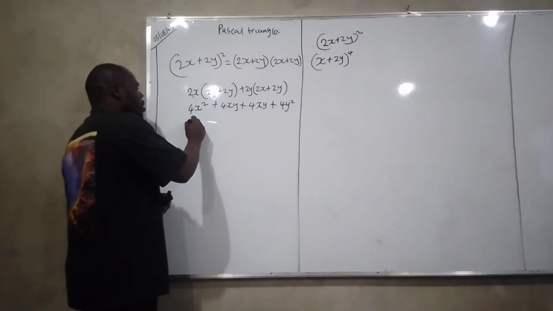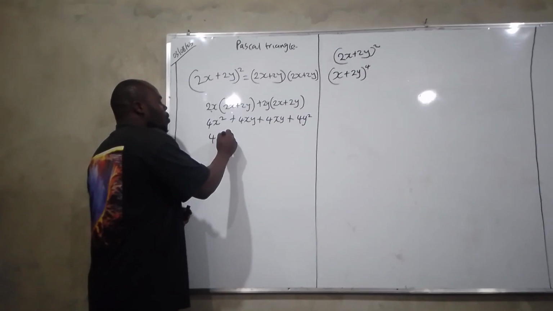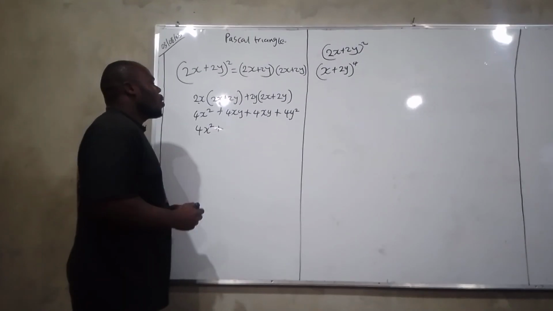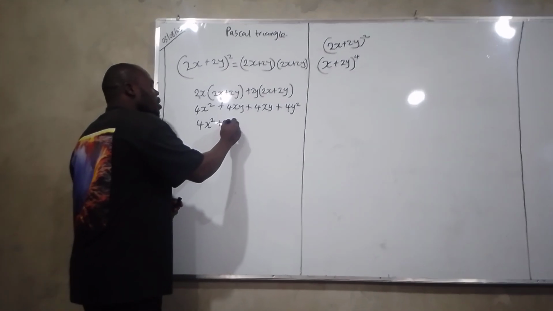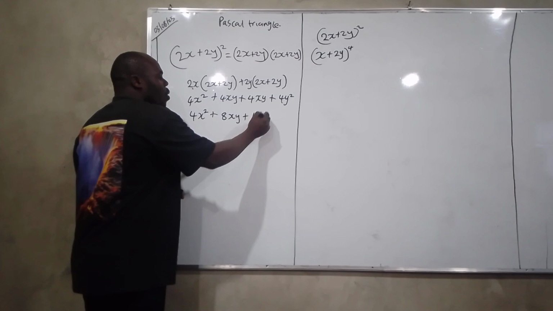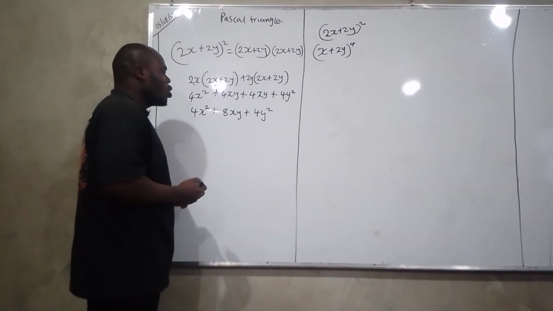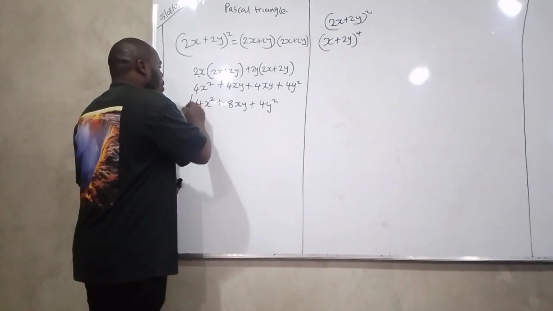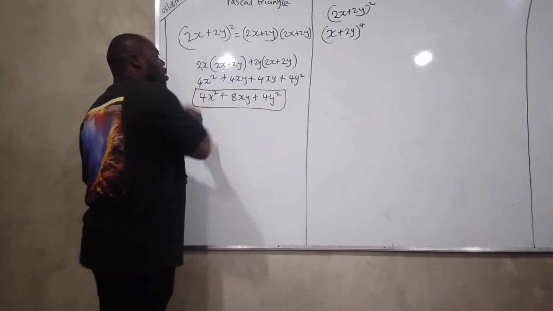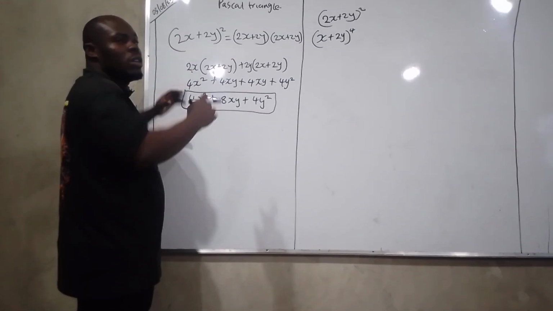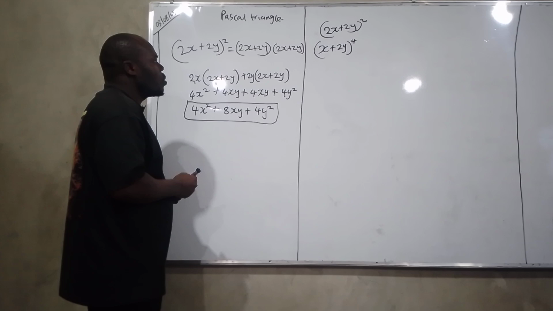Going further, this becomes 4x squared, plus 4xy plus 4xy gives you 8xy, plus 4y squared. So this becomes the product of the final expansion.